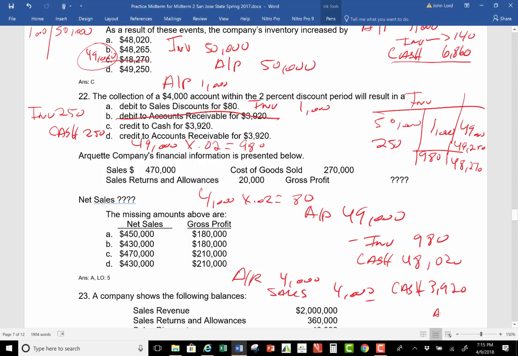I'm going to credit the accounts receivable for 4,000. The guy's paying me, isn't he? So I credit the accounts receivable for 4,000, and I'm going to debit the discount for 80. So is it true that there is a debit to the discount for 80?